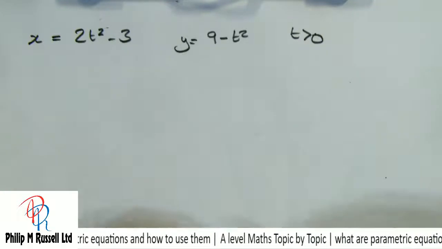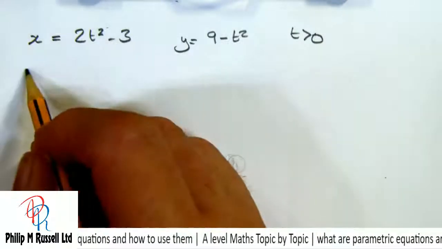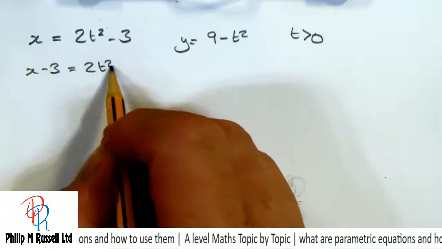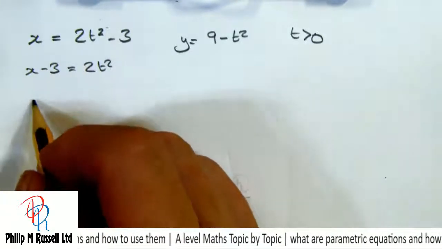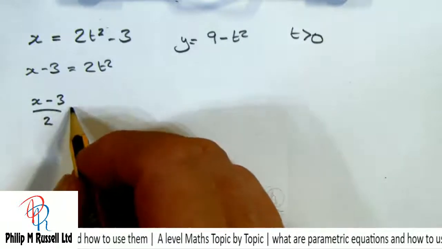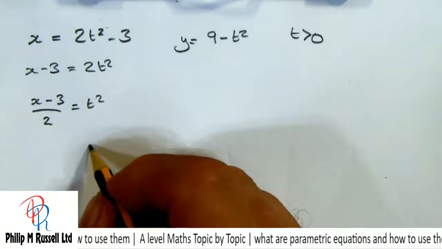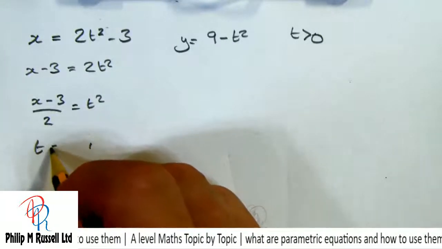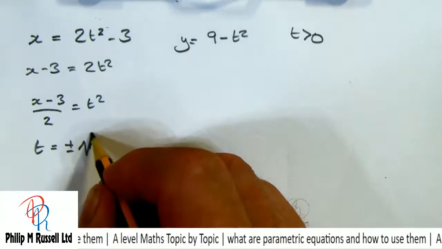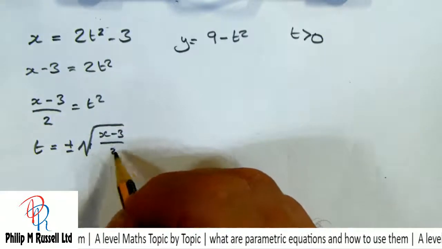Well, let's rearrange this. So I can say that x plus 3 equals 2t squared. I can say that x plus 3 divided by 2 equals t squared, and therefore t equals plus or minus the square root of x plus 3 over 2.